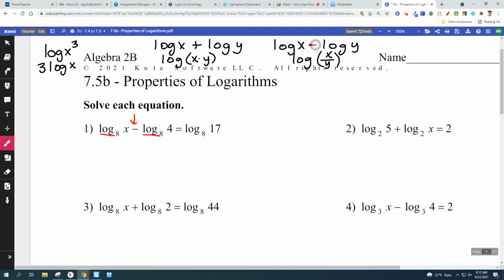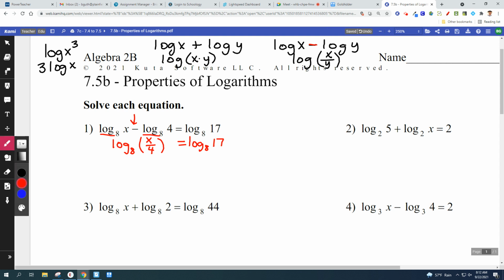You can condense that into a single log base 8 if you change the operation into division. So just copy down the other side of the equation.